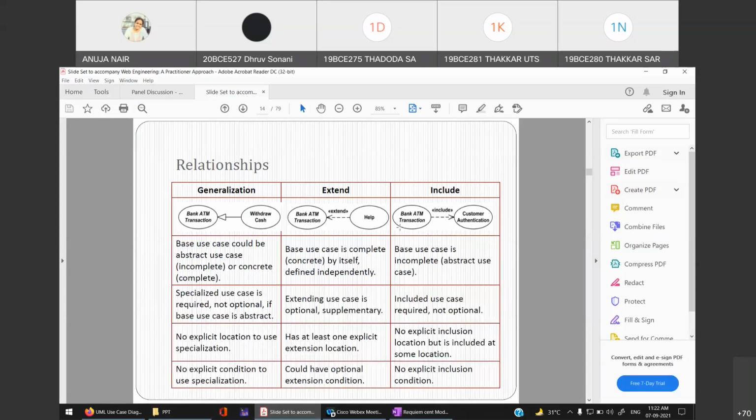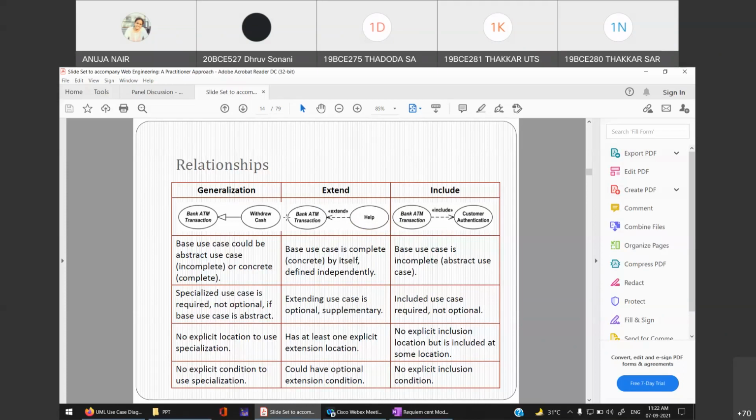If I read this particular use case, here my base use case is complete. What is my base use case? My base use case is this bank ATM transaction. Now it means that if I require help, help is one more use case. If I require help, then I will use the help use case. If I don't need it, it is not compulsory, right?